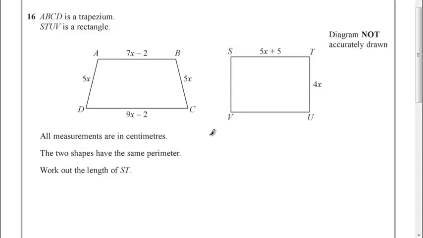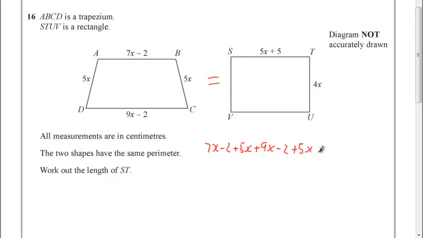So the perimeters are equal. Right. And what's the perimeter of this first one? We go ABCD, so we've got 7x minus 2 plus 5x coming down here, plus 9x minus 2 plus another 5x.